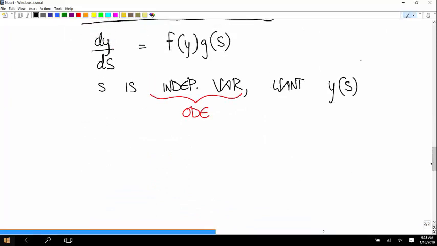You don't have to write this down, but let me just write down one that you can't solve by separation of variables. So let's say we have dx dt plus x plus xt is equal to 1.